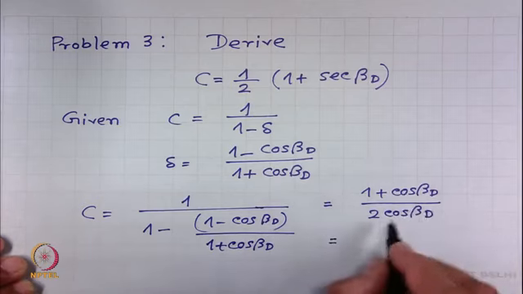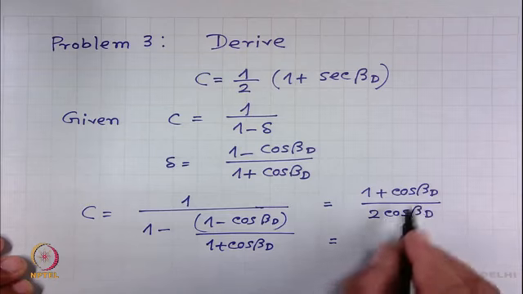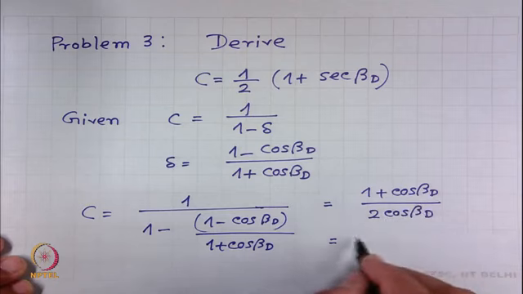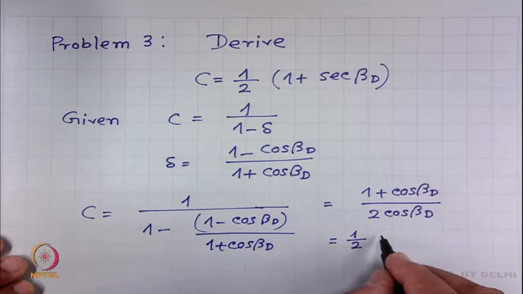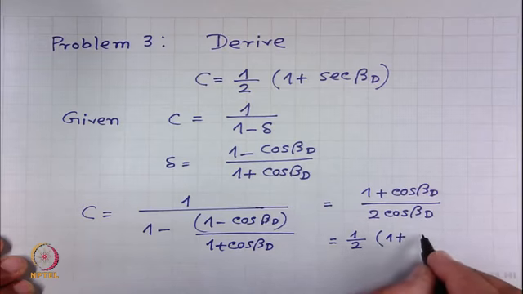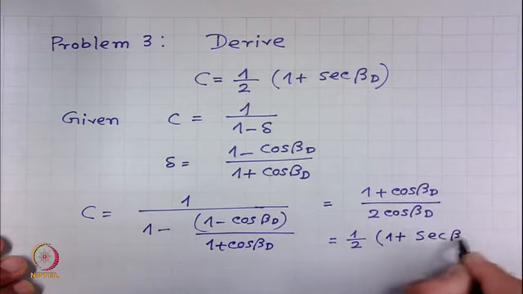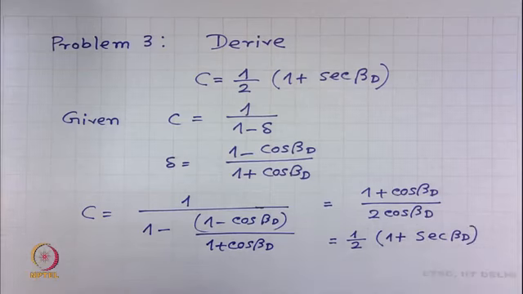So, this is half into 1 plus 1 by cos beta d, that is, sec beta d. Clear?